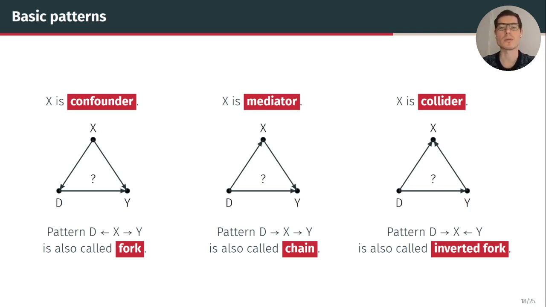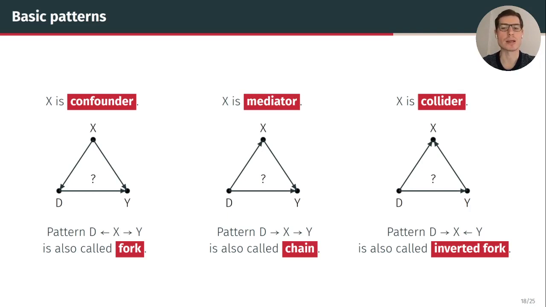Now, what could be a good example here? So if D is education again and Y is income, you have to think about something that is both affected by your education and maybe also by your income. Could be probably being admitted at Harvard, right?